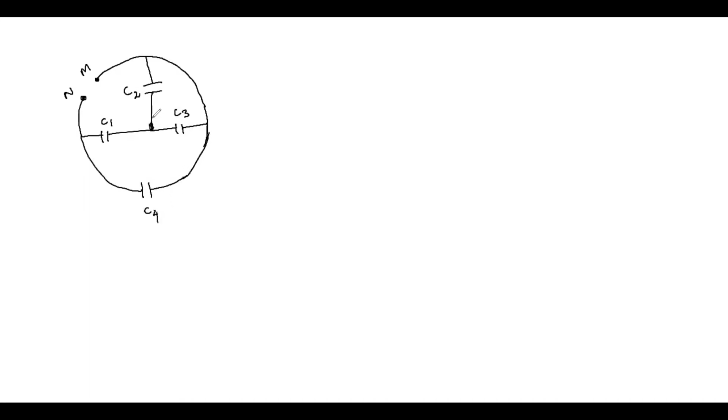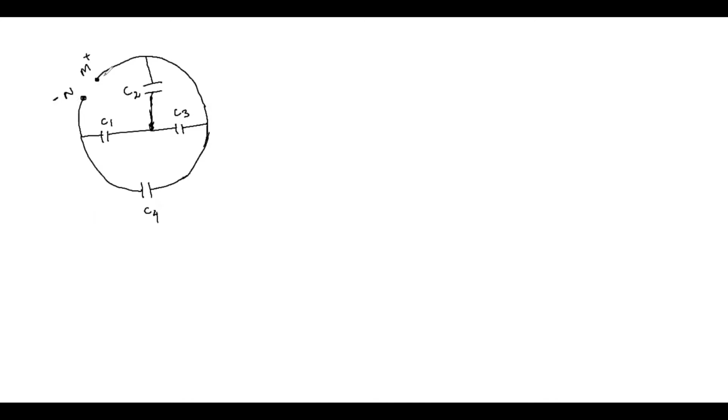Now, how are we going to redraw the equivalent circuit for this diagram? If I consider that this is the positive terminal, and this is the negative terminal. Now if you see this part, there is no potential difference, since no potential-drawing device is connected to this part.